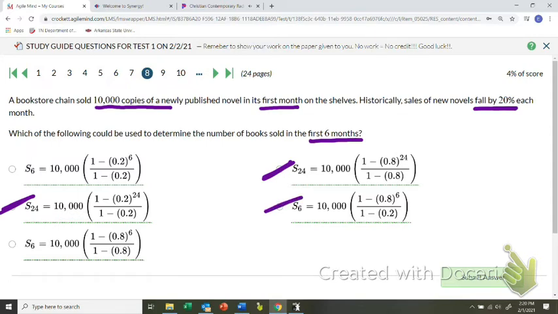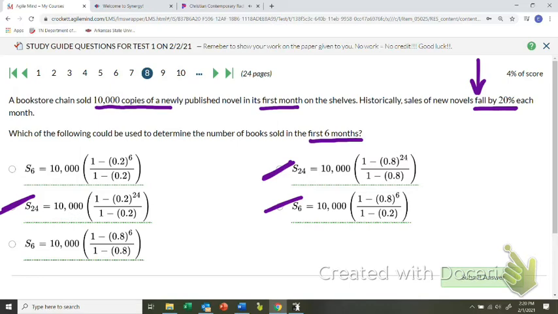Now, this is where you might get confused. You have to really pay attention to this word, fall. What does the word fall mean? Dropping, goes down, decreasing, okay? So, if we have 100% and we fall by 20, how much do we have left?